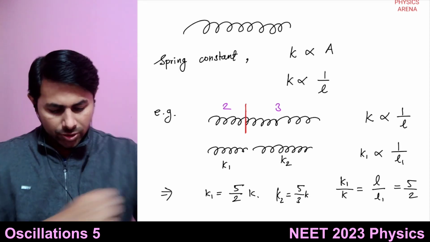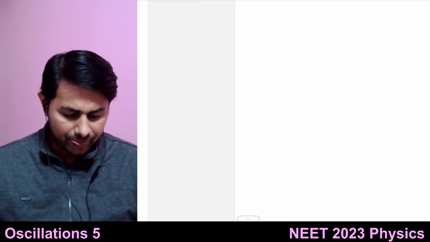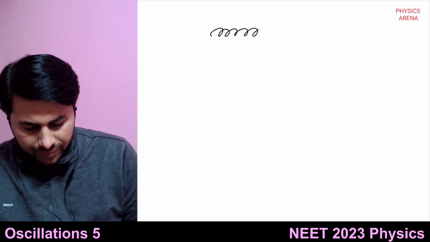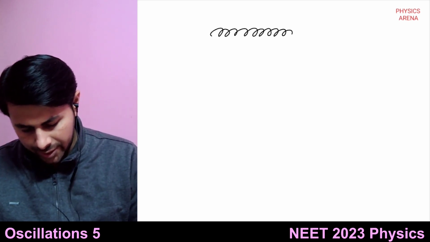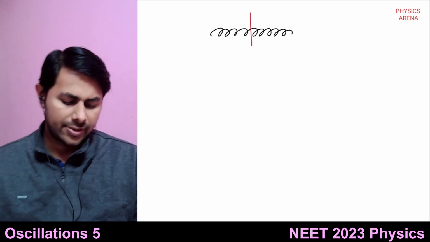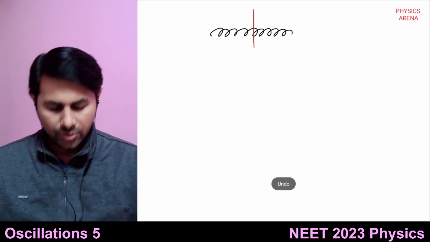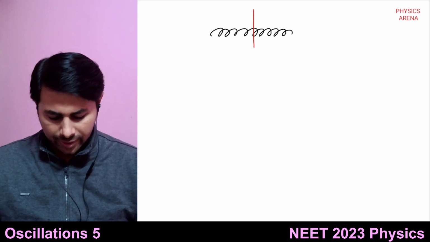Okay. So now let's do a little bit of practice. Now I'm taking the spring and breaking it into two equal halves. So I will break it into two springs such that their lengths are equal.